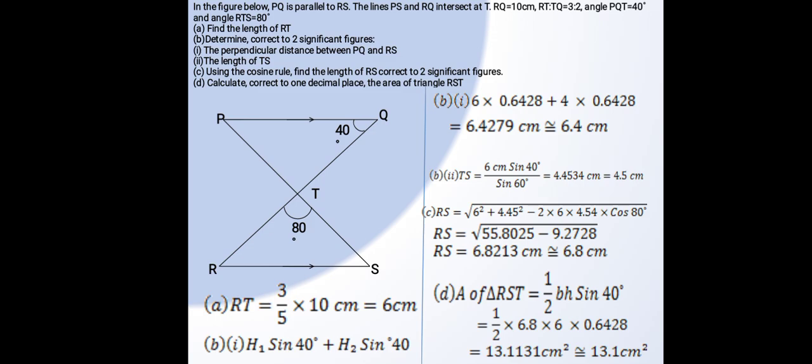Part 1 of B says the perpendicular distance between PQ and RS. The perpendicular distance, since it forms a right angle triangle, we can use the sine, that is the opposite side over the hypotenuse. So we have h sine 40 plus h sine 40 because we have two similar triangles on both sides of the parallel line.